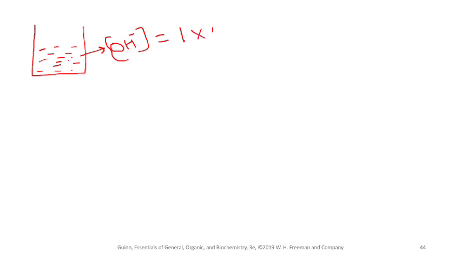So now let's try to do a couple more problems just to build some more concepts on the pH value. Let's take an example. If you have a solution, and for this solution the hydroxide concentration is given, which comes out to be 1 times 10 raised to the power negative 6 molar, and you have to tell us what's the pH of this solution.